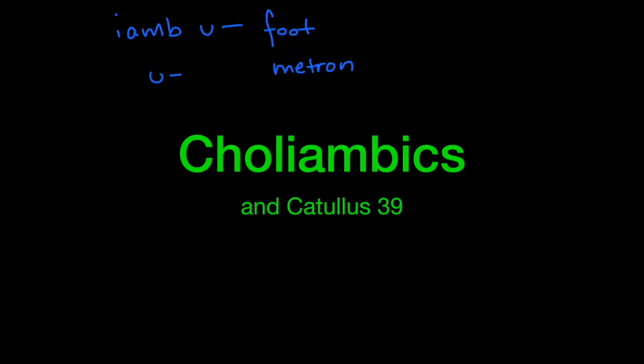So it's short, long, except not exactly, because in this first syllable, we can have either a long or a short. Okay? That is to say, this syllable right there is anceps, either long or short, and we can represent it with an X. So an iambic metron looks like this.